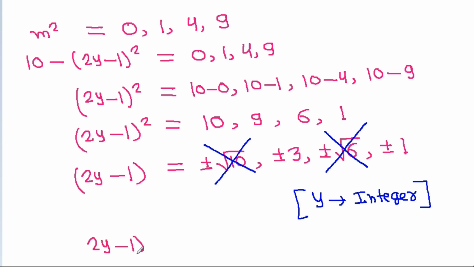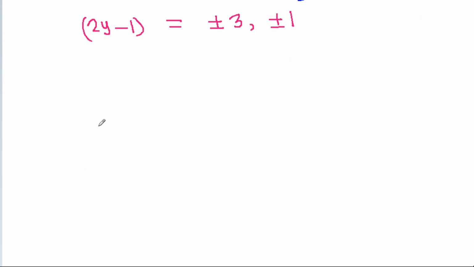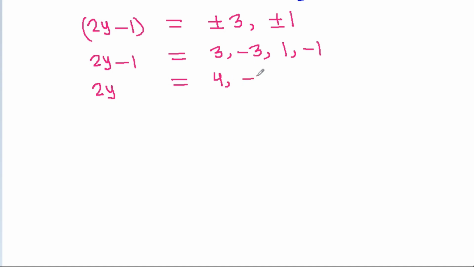So 2y minus 1 is equal to plus minus 3 and plus minus 1. And 2y minus 1 is equal to 3, minus 3, 1, minus 1. So 2y will be equal to 4, minus 2, 2, 0. And y will be equal to 2, minus 1, 1 and 0.